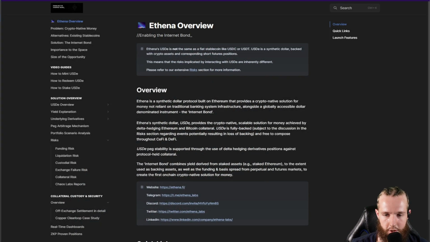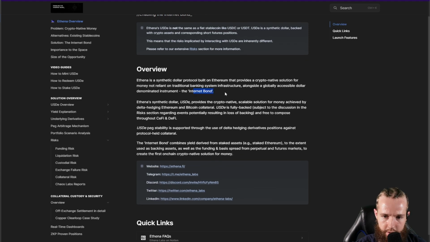So to kick things off, what is Ethena? Ethena is essentially what they are calling the internet bond. It is a synthetic dollar protocol built on Ethereum that provides a crypto native solution for money not reliant on traditional banking system infrastructure, alongside a globally accessible dollar denominated instrument, AKA internet bond.